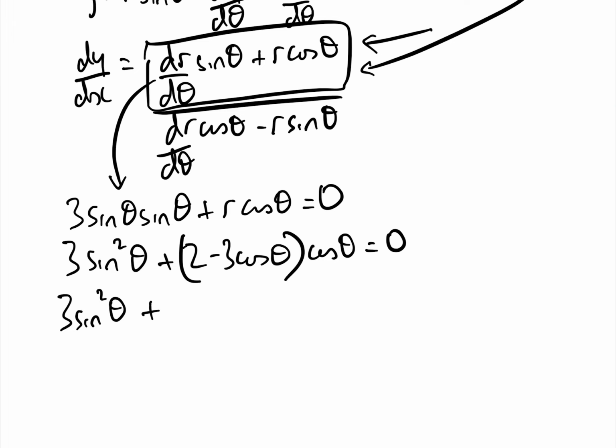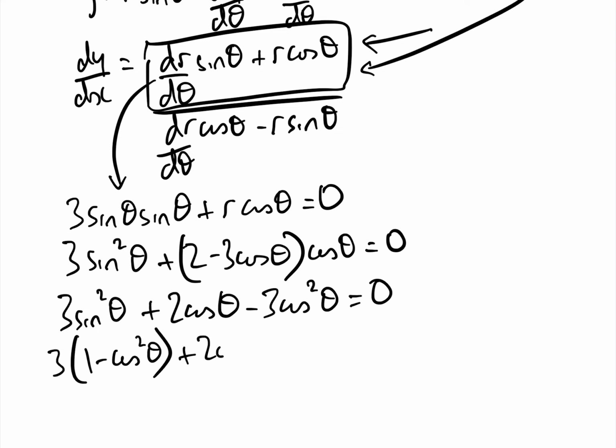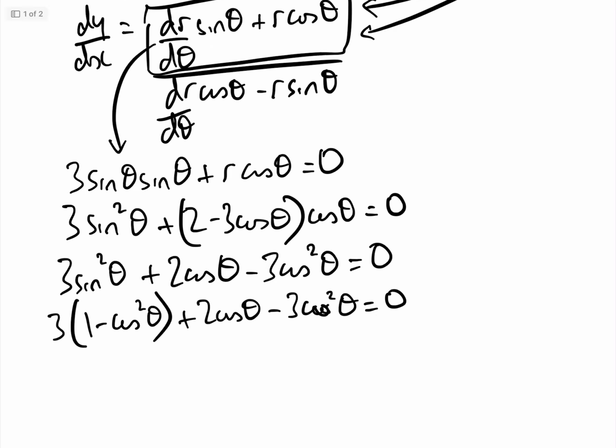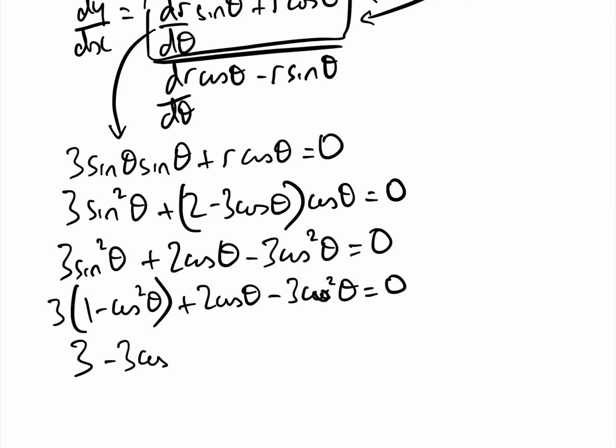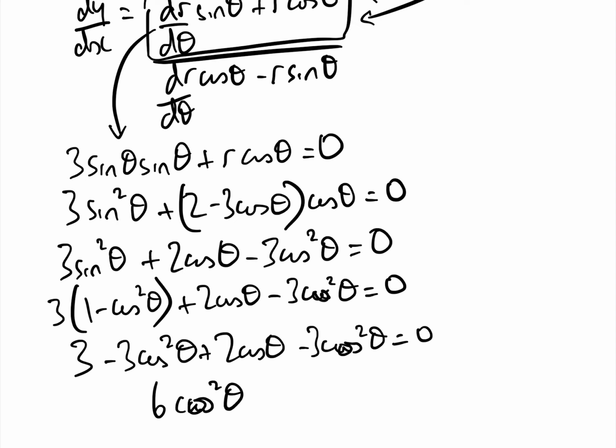So that's 3 sin squared theta plus 2 cos theta minus 3 cos squared theta equals 0. Putting that as 3 times 1 minus cos squared theta, plus 2 cos theta minus 3 cos squared theta equals 0, i.e. 3 minus 3 cos squared theta plus 2 cos theta minus 3 cos squared theta equals 0, and so we end up with 6 cos squared theta minus 2 cos theta minus 3 equals 0.